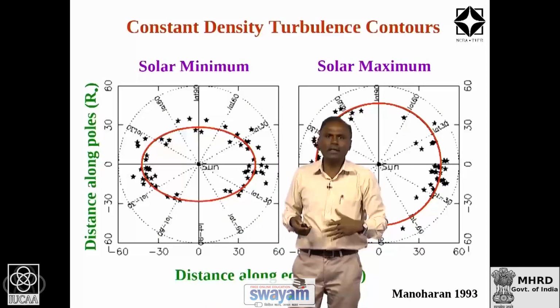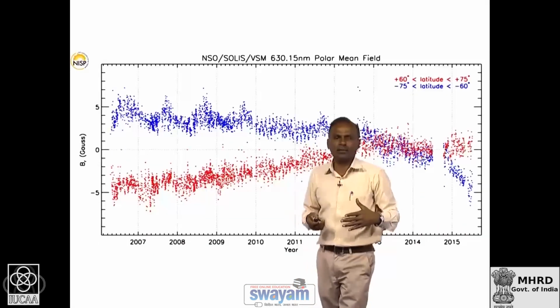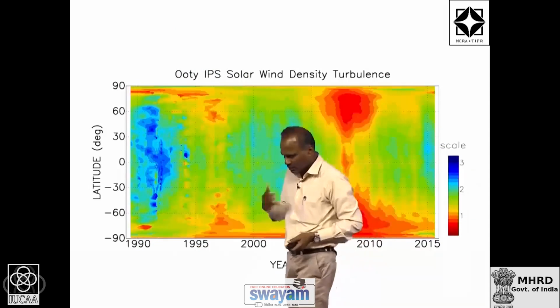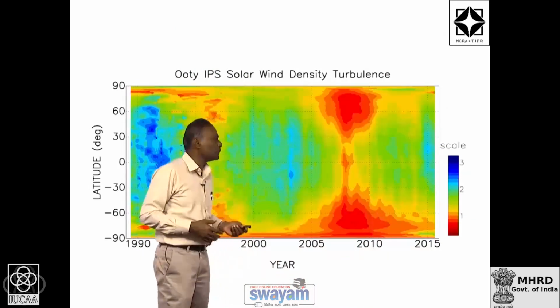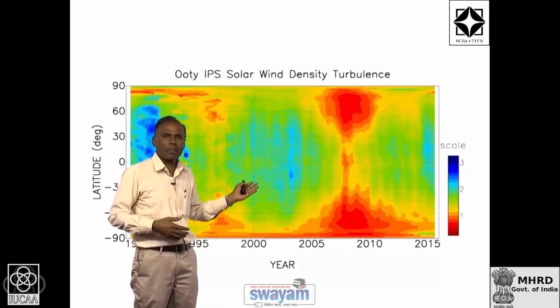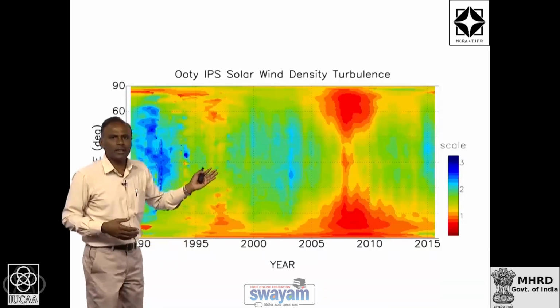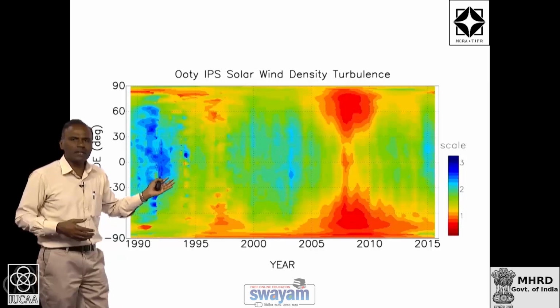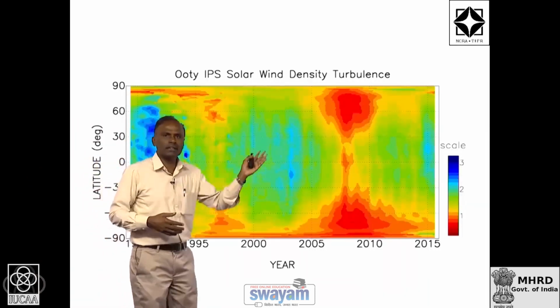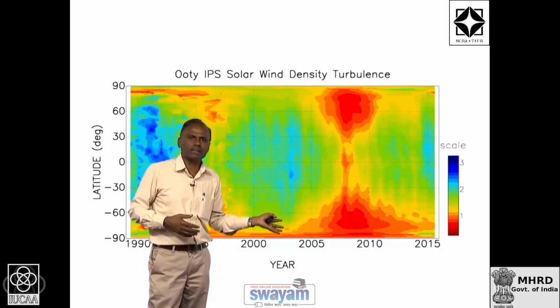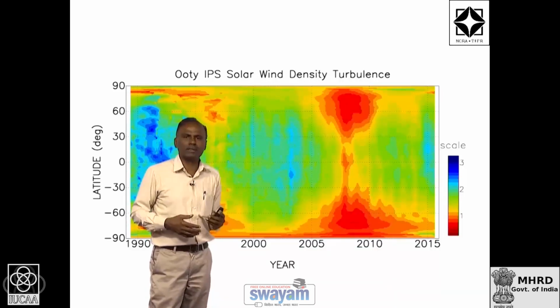So, in this period, how the solar wind density varies. If you see this shows for something like 1988 to 2015, the density turbulence as a function of heliographic latitude minus 90 degree to plus 90 degree.